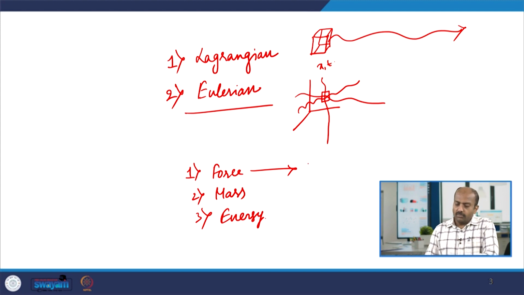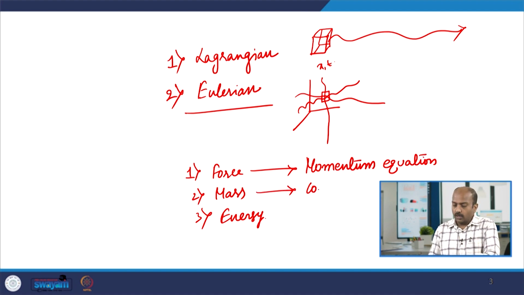This force conservation has given you what is called the momentum equation. The mass conservation, on the other hand, will give you the continuity equation. The energy conservation will give you the thermodynamic energy equation, right.